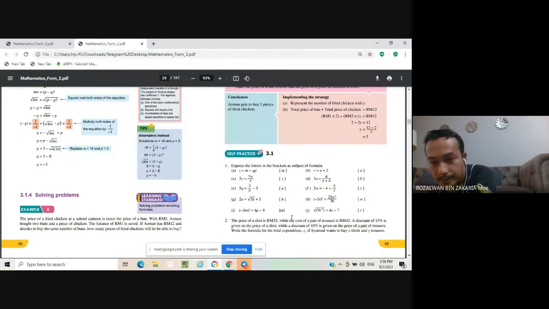Okay, J. All right, F: 2W equal to minus 4 plus y over V. It's for V. And also we have J: 9R square equal to 4S minus S. Then we have E: 5Q equal to 3 over U minus 5.